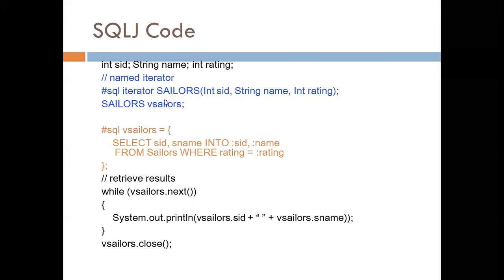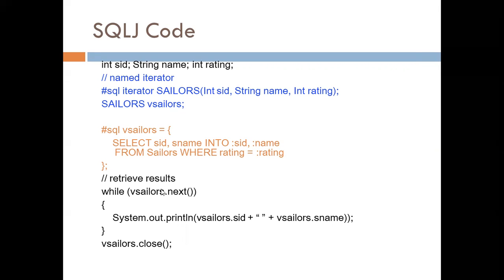Then we can assign vSailors equals #sql, and write the query: select sid, name into these two variables, sid and name, from sailors where rating is this. For any query we can write. The only thing is, whenever we are assigning it to a variable, it has to be preceded with a colon.